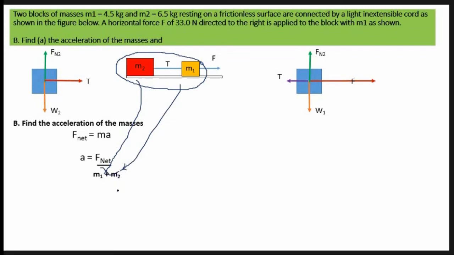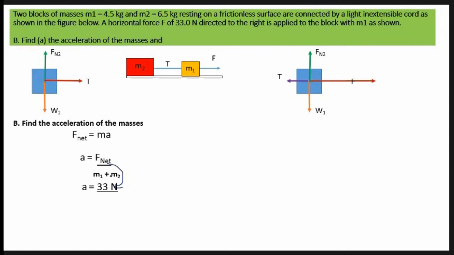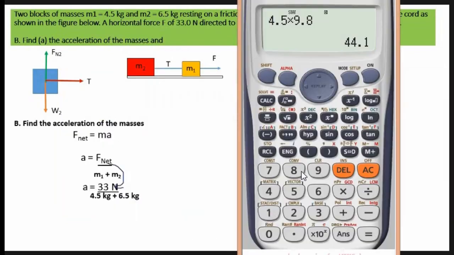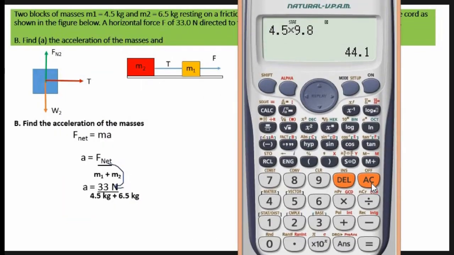So here we will have F net, which is 33 Newton, and mass 1, which is 4.5 kilogram, plus mass 2, which is 6.5 kilogram. And then get your calculator. 4.5 plus 6.5, that would be 11. So 33 divided by 11, that would be 3.